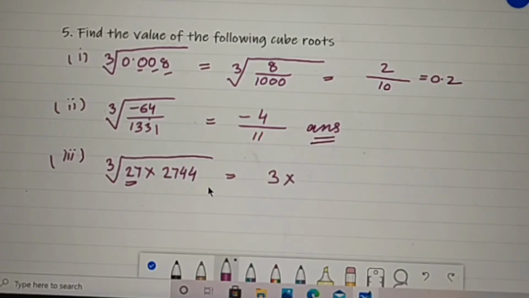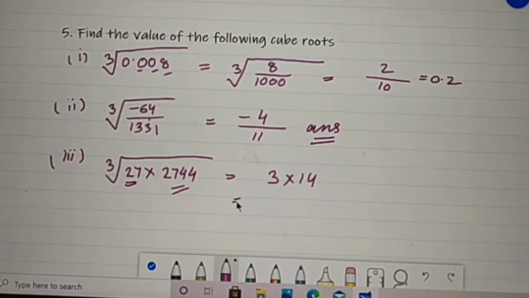And we have to know that 14 into 14 into 14, that is 14 cube, is 2744. So we will find its cube root is 14, or you can do its prime factorization of 2744. You will take it 14.